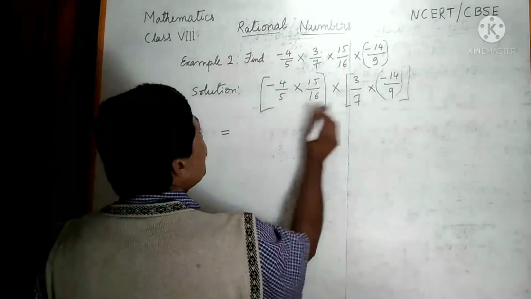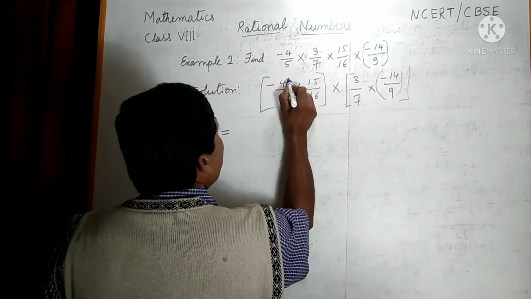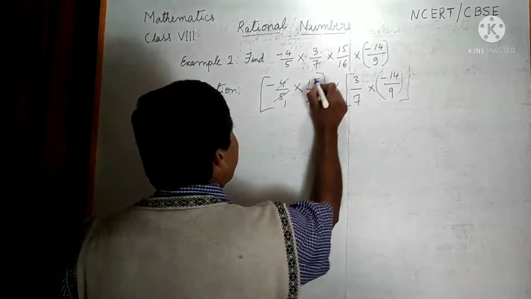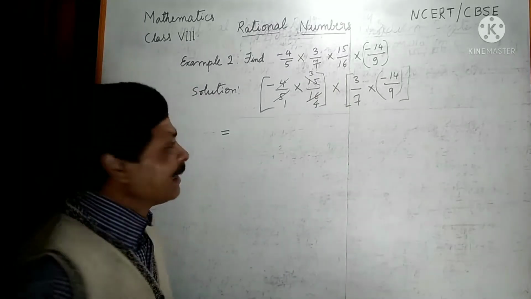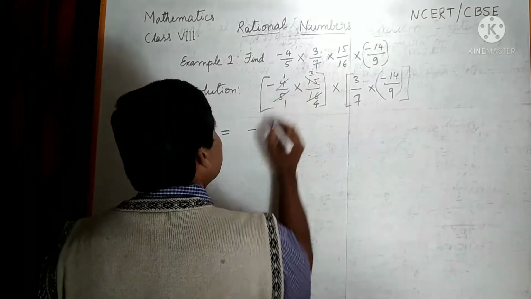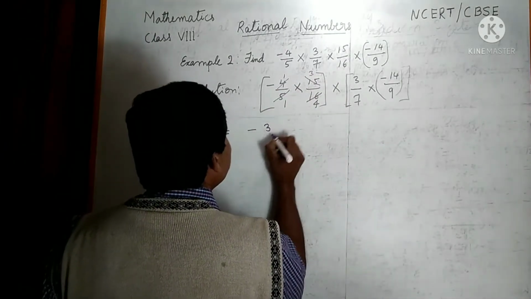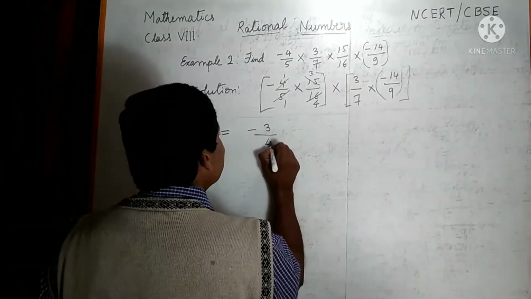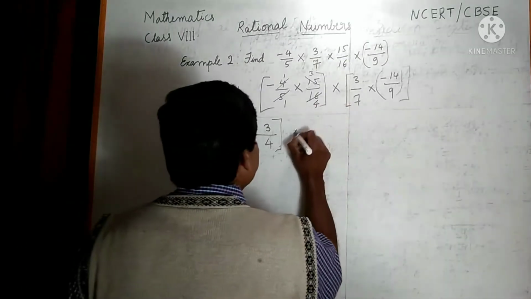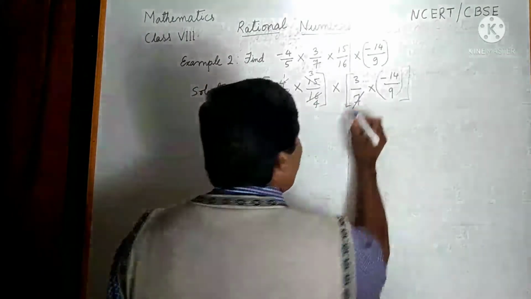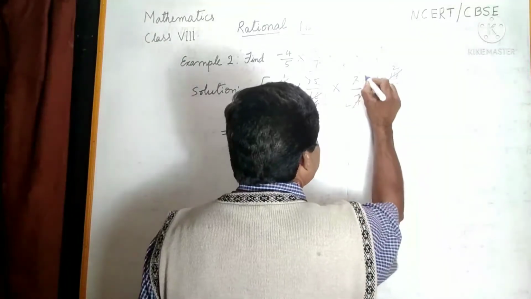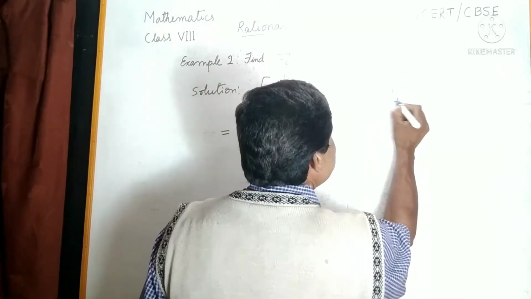This is equal to 4 1s are 4, 4 4s are 16, 5 1s are 5, 5 3s are 15. That means minus 3 divided by 4, into 7 1s are 7, 7 2s are 14, 3 1s are 3 and 3 3s are 9.